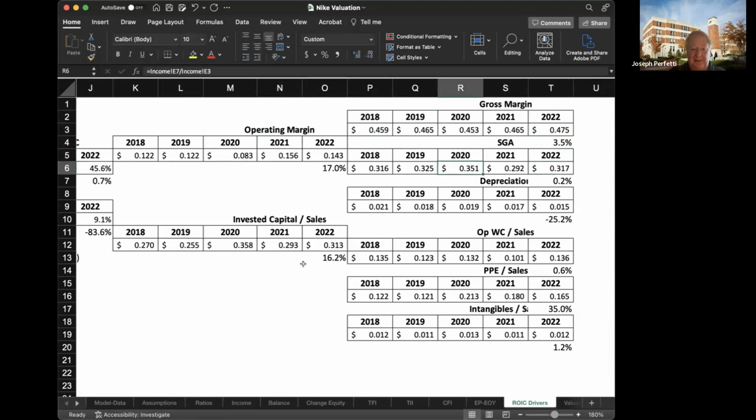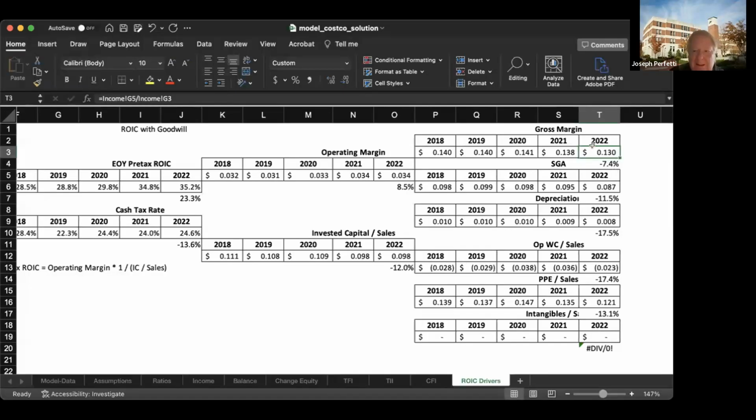The flip side is, given Costco's low cost strategy, you can see it when you look at the Costco data that you just put together. Let's go to the Costco model. Because they have such a low gross margin, they can't afford to spend much in overhead.